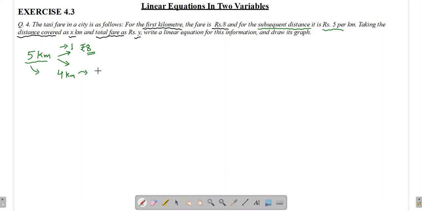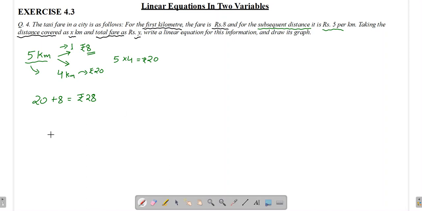So the total fare will be 20. How? Because rupees 5 is the cost of 1 kilometer and we have 4 kilometers left, so the total fare for that part will be rupees 20. So for 5 kilometers we have to pay 20 plus 8, that is a total of 28 rupees.